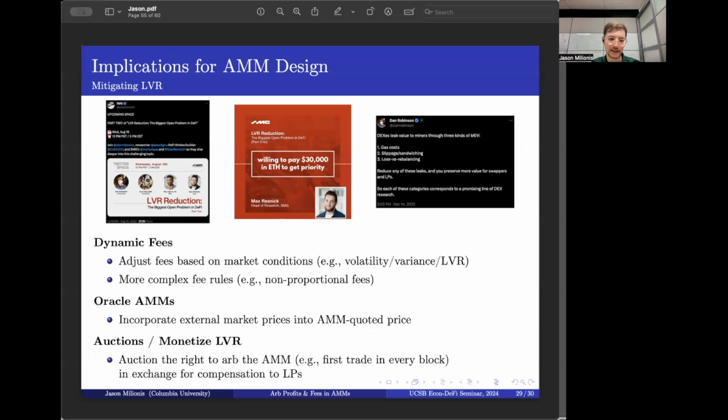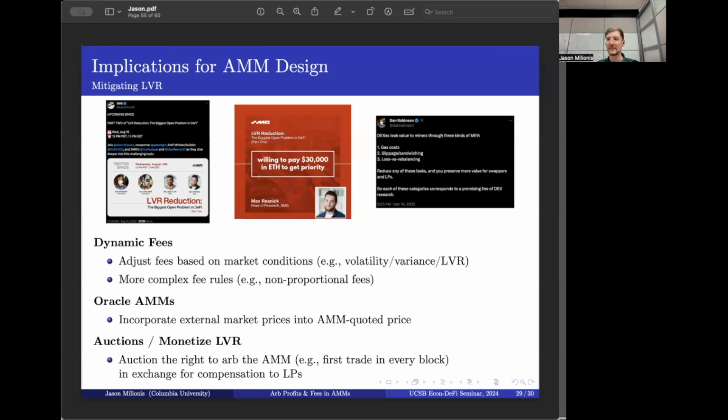That's also a very interesting direction of study. And finally, there's the direction of auctions, or otherwise how to monetize the rest of LVR, which says that perhaps you can auction the right to arbitrage the AMM, for example the first trade in every block or some other mechanism, in exchange for compensation provided to LPs.